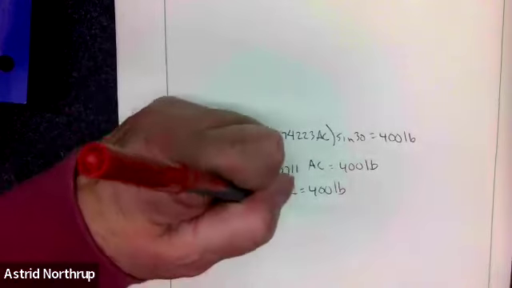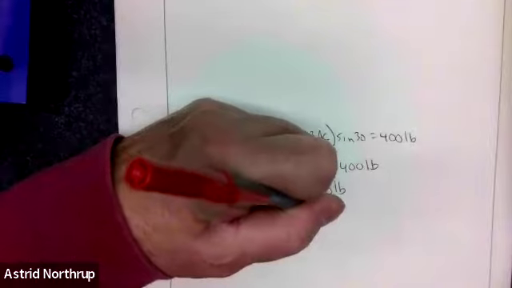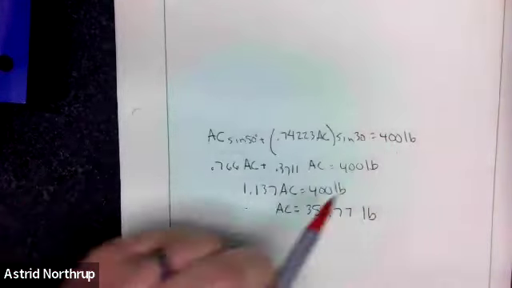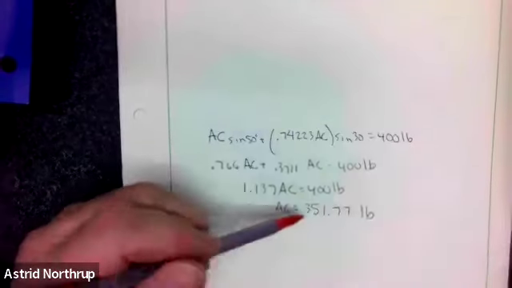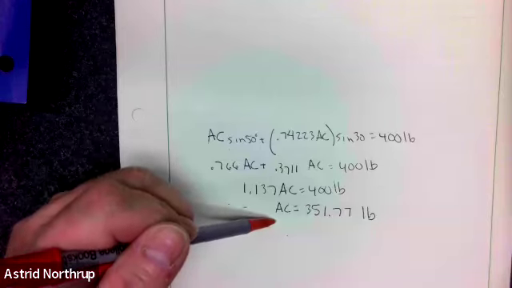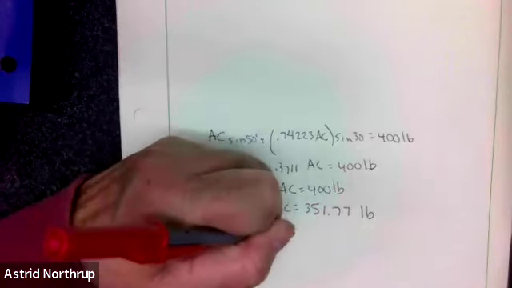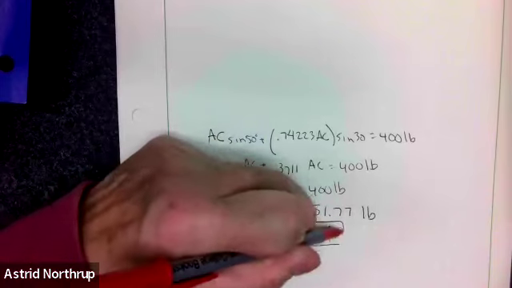And that turns out to be AC is equal to 351.77. I've stayed in pounds, so that's pounds, but I have too many significant digits. This is 400. So I really should write this as either 300 or 400, but it's more logical to me to write it with 2 sig figs, 350 pounds.